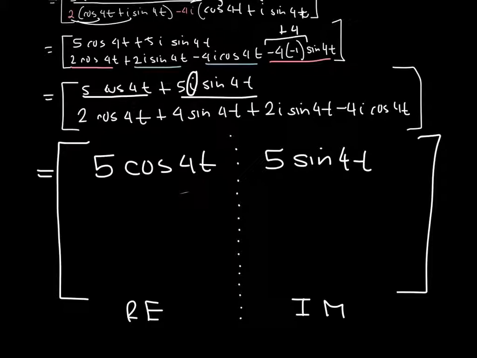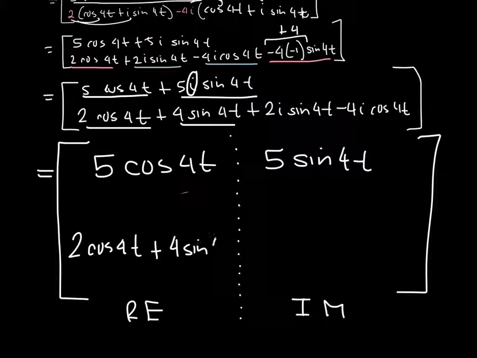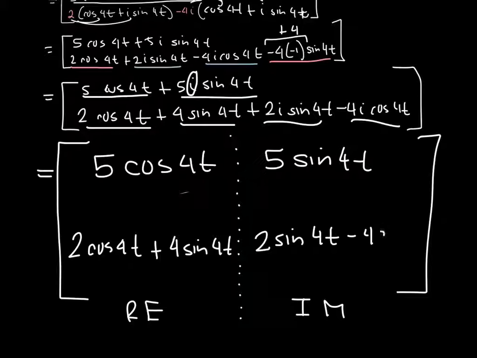Next, again, everything without the i's. So 2 cosine 4t plus 4 sine 4t. Then we have our imaginary part, but we're not going to write the i: 2 sine 4t minus 4 cosine 4t.